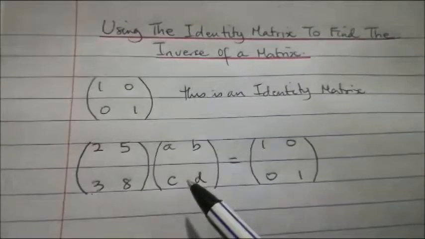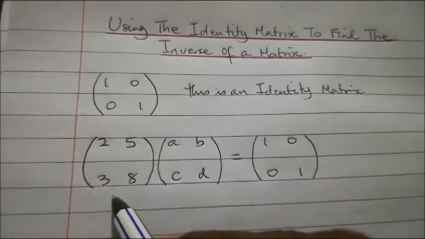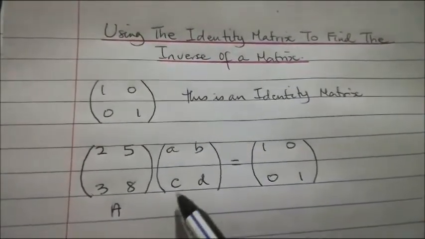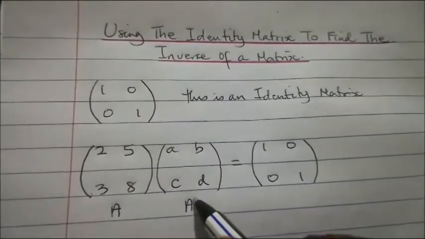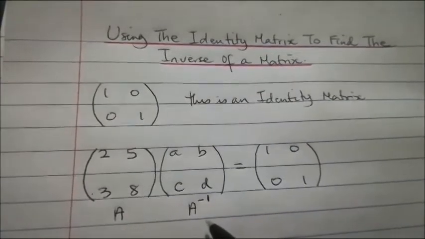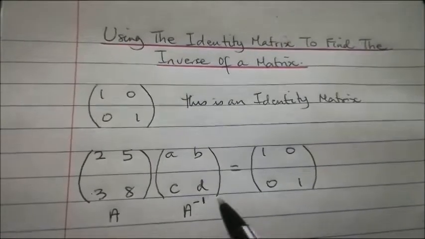But suppose we have a situation like this where we have a matrix, let's call this A, and we want to prove that A, B, C, D is the inverse matrix. So we're going to label that as A to the minus 1, which is a symbol for inverse matrices, right?